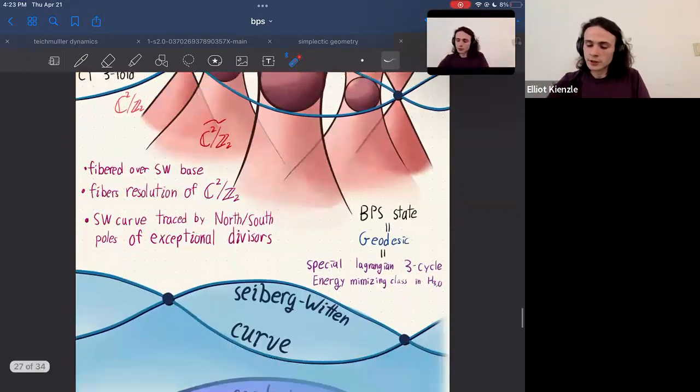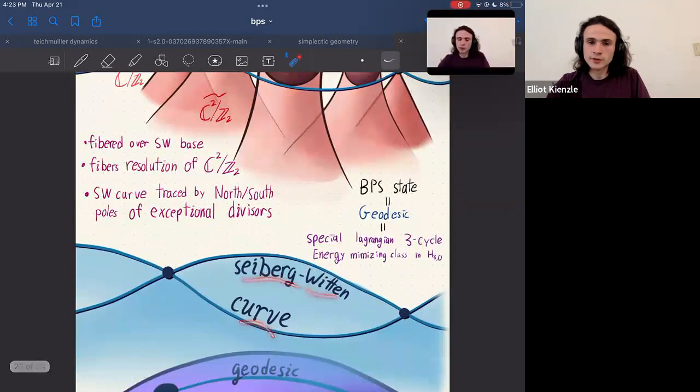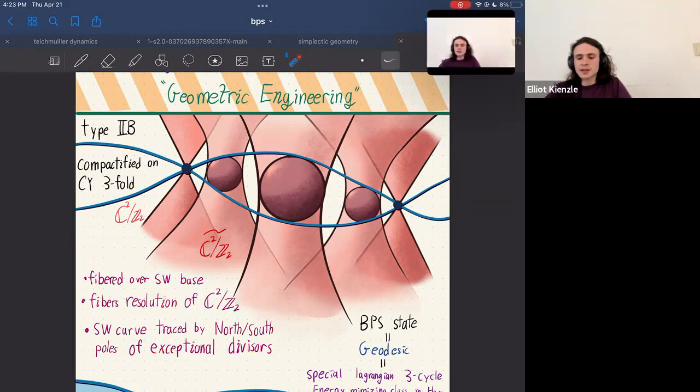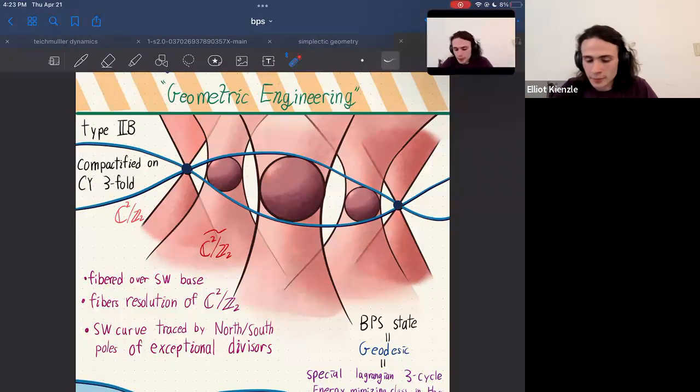We're going to go from these Seiberg-Witten curves to these string theory objects. In particular, this is the process of geometric engineering, which is a really cool name to call something. Basically, it's choosing a Calabi-Yau threefold that you want to compactify on that gives the right properties. So we're just going to pick a really simple one. Take the complex plane in the algebraic geometry sense, where it's a two complex dimensional vector space, and just mod out by Z2.